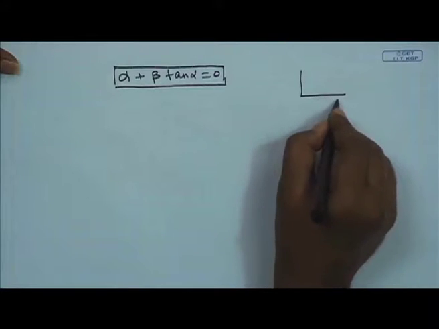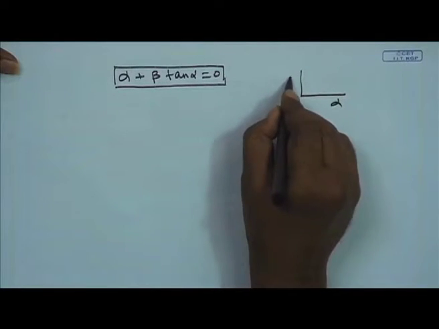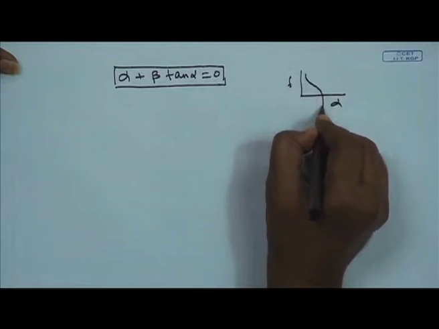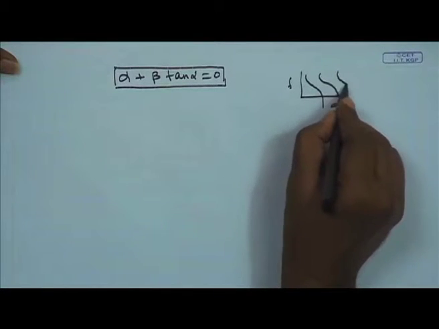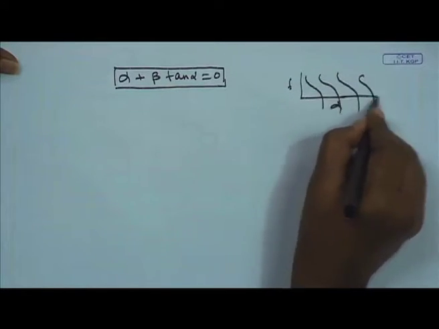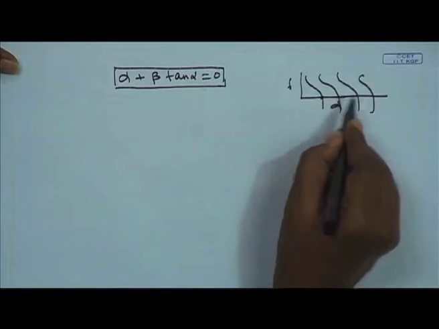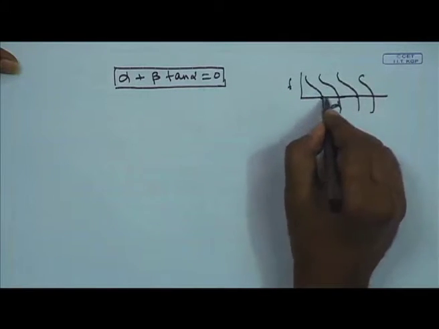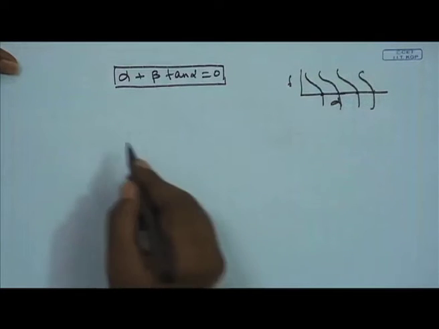If you really plot this transcendental equation as a function of alpha, you will be having the solutions like this. There will be an infinite number of solutions where they cut the x axis or alpha axis. Each of these alphas will be the eigenvalues for this particular problem.